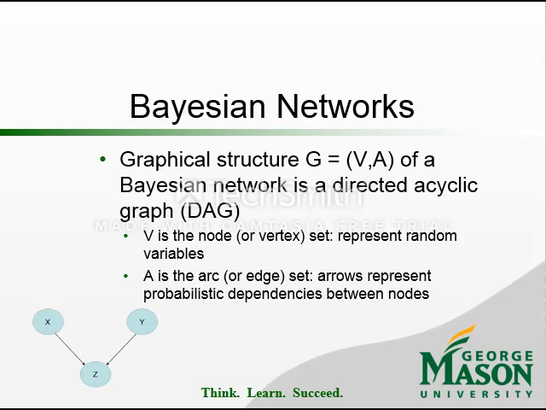The DAG defines the factorization of the joint probability distribution of V, the variable set. We call it the global probability distribution, into a set of local probability distributions, one for each variable. The form of the factorization is given by the Markov property of Bayesian networks, which states that every random variable directly depends on its parents.